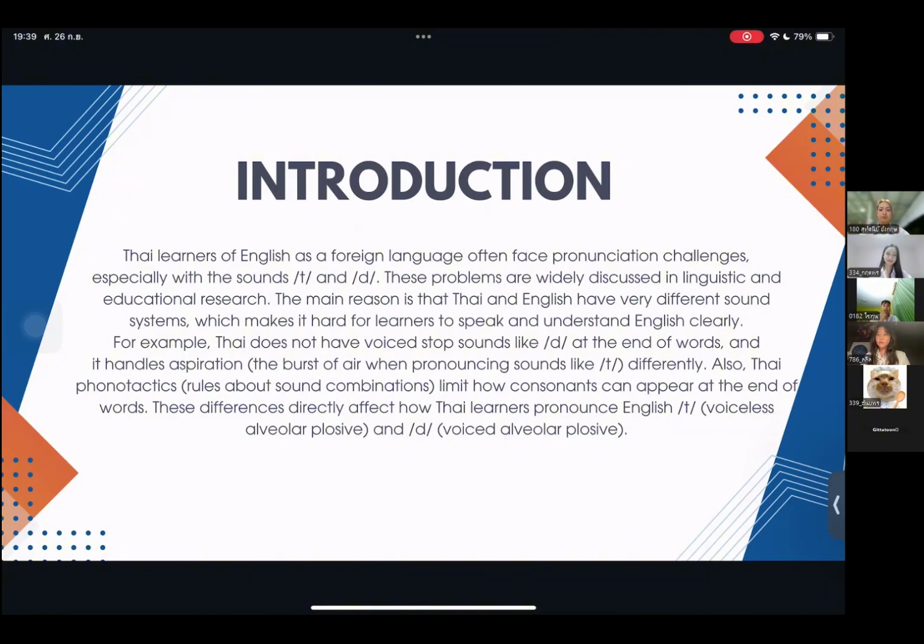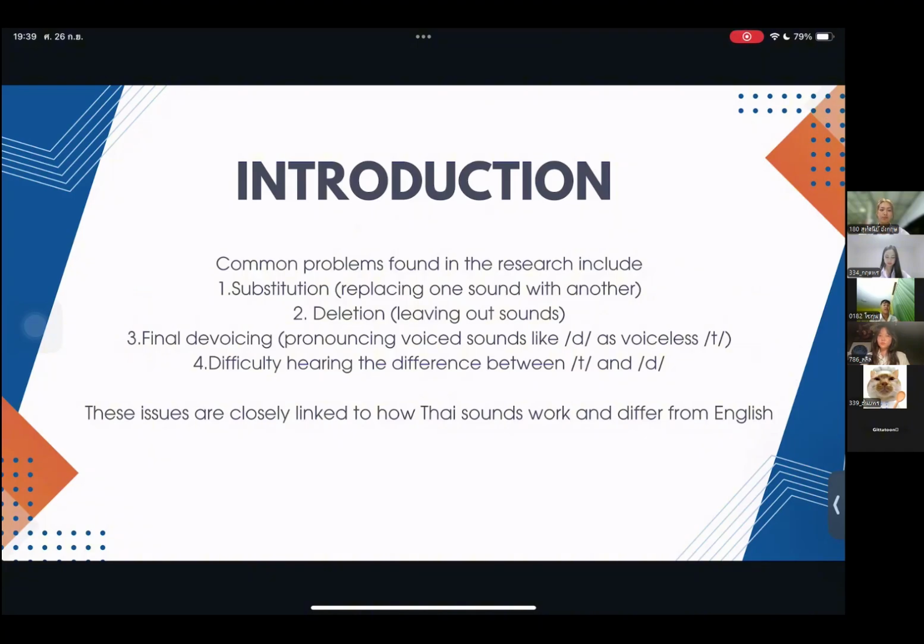And Rangon 2014 found learners could perceive T very well but struggled to produce it in clusters. Other studies note omission or substitution, showing strong influence from Thai phonology.